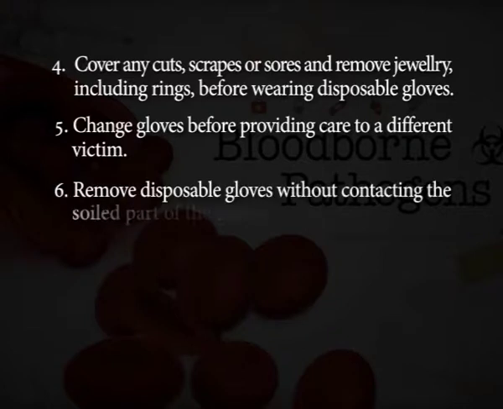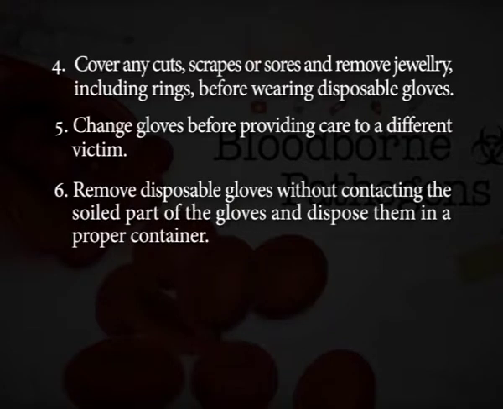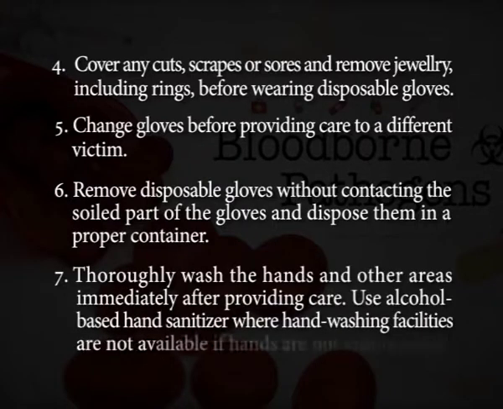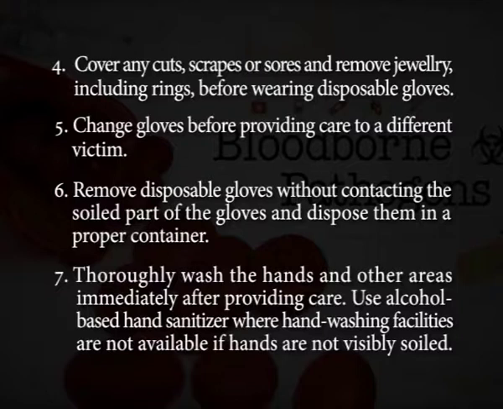Number 6, remove disposable gloves without contacting the soiled part of the glove and dispose of them in a proper container. Number 7, thoroughly wash the hands and other areas immediately after providing care. Use alcohol-based hand sanitizer where hand washing facilities are not available, if hands are not visibly soiled.